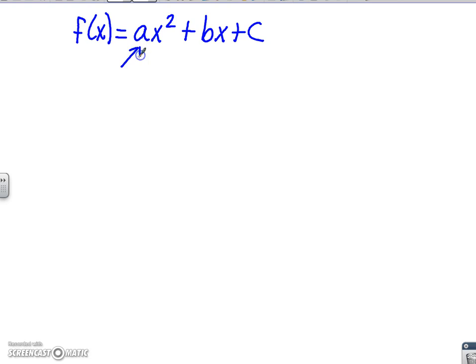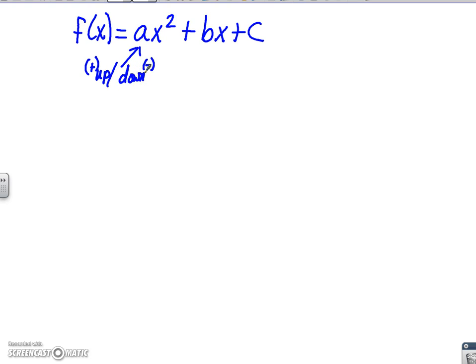First of all, we've been accustomed to functions f of x equals ax squared plus bx plus c. Our a tells us whether it's going to open up if it's positive or go down if it's negative.